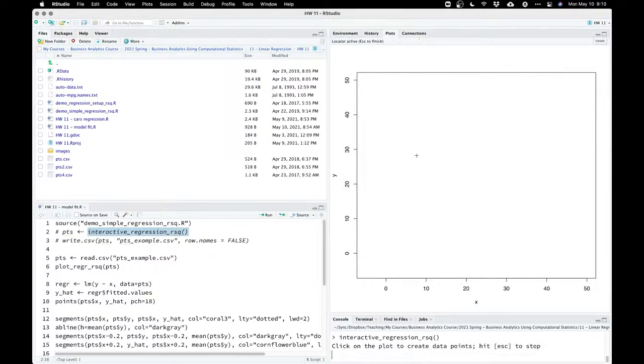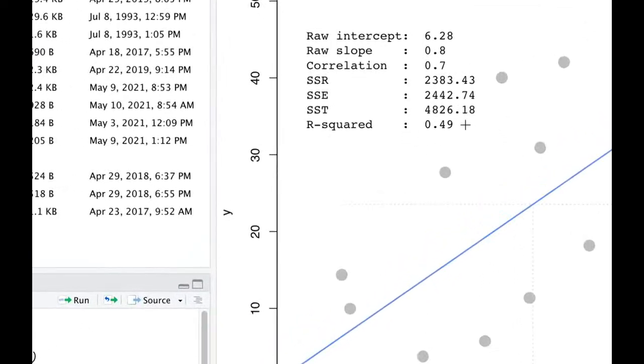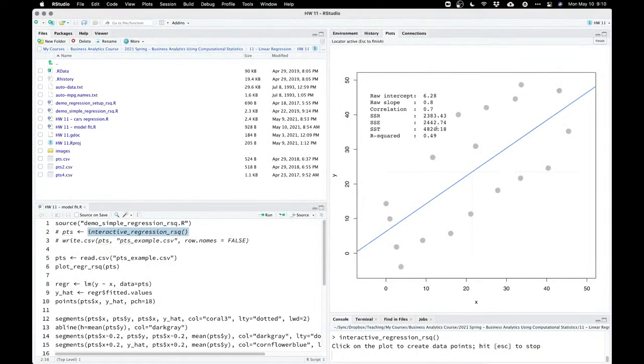All right. So I'm going to create a situation where the line is steep, but the points are still going to be quite far from it. The points are still quite far from it, right? You notice this time the R squared is not super small, it's healthy.